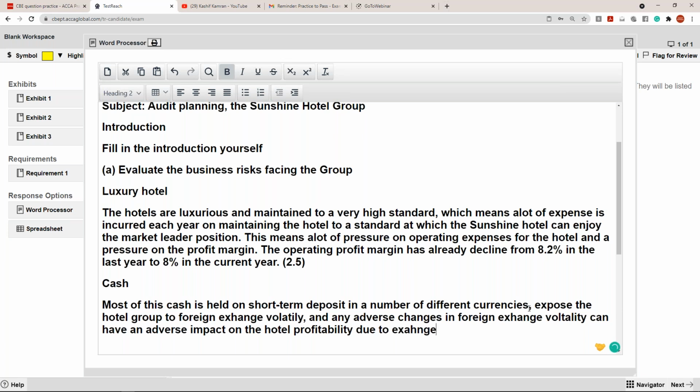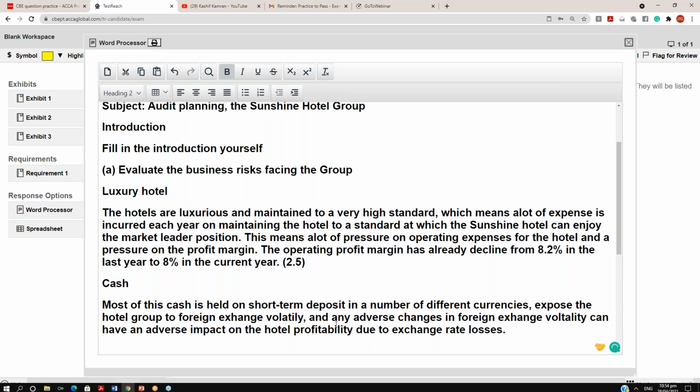So is it a risk in future? Any adverse changes which can happen in future can have an adverse impact on the hotel's profitability due to exchange rate losses. So is it a risk in future which the business should be worried about?